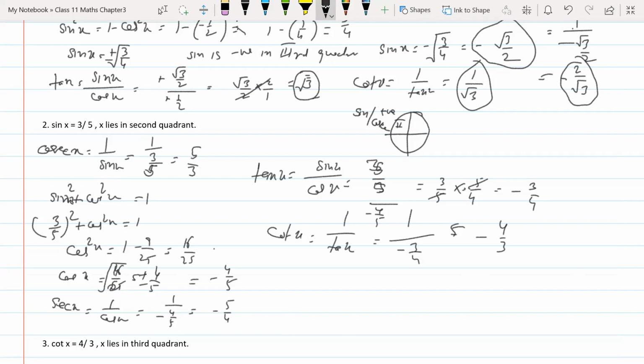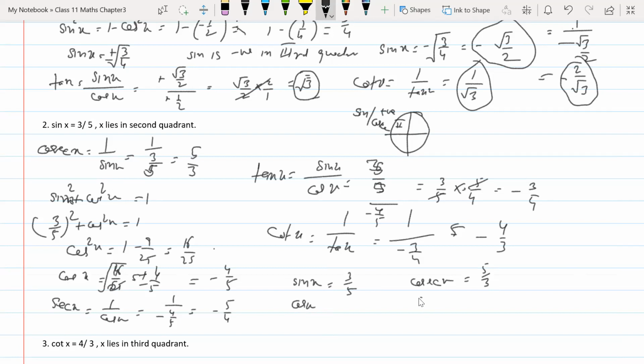So in a nutshell, we can solve this. Sine is given 3 by 5, cosecant would be 5 by 3, and both would be positive.